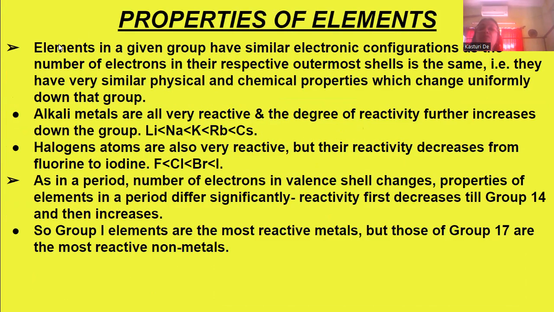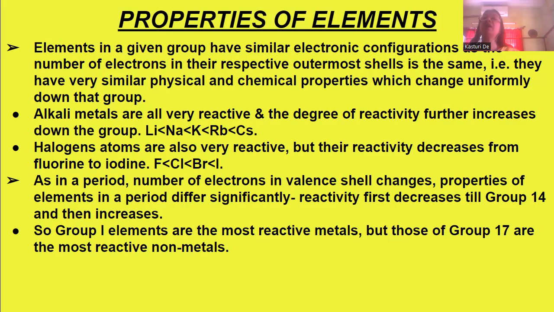Elements in a given group have similar electronic configuration. As the number of electrons in the respective outermost shells is the same, they have very similar physical and chemical properties which change uniformly down the group.